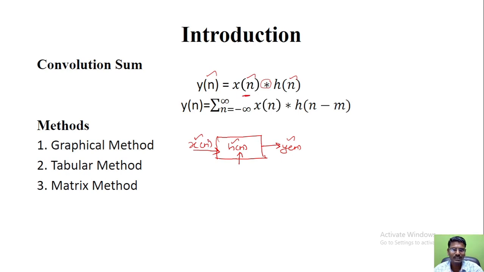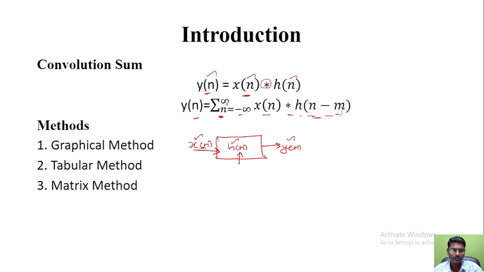The signal which we are using in this x of n is a discrete signal, so it can be expanded with the help of the summation symbol. So the same formula can be written as y of n is equal to summation m is equal to minus infinity to plus infinity x of m times h of n minus m, where n minus m denotes the delayed or advanced signal, right?